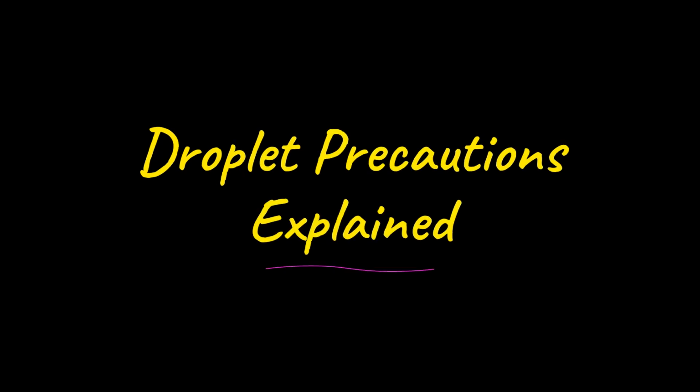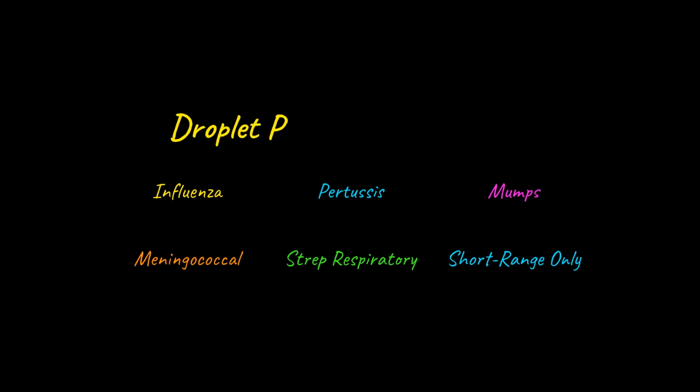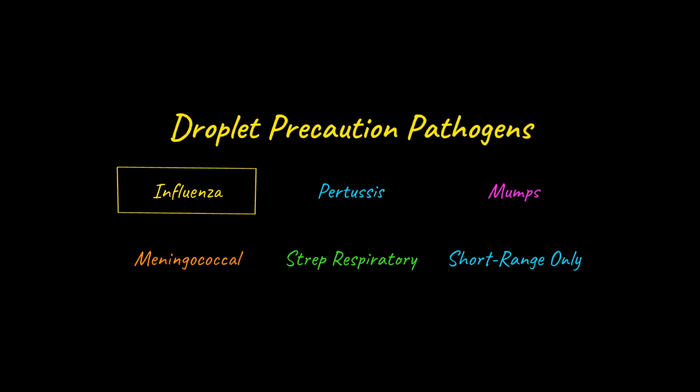Droplet precautions apply when a pathogen travels inside large respiratory particles, those greater than 5 micrometers in diameter, that fall within roughly 6 feet of the source. Understanding the physics behind droplet transmission explains why each element of the protocol exists. Common droplet precaution pathogens include influenza, pertussis, mumps, meningococcal disease, and streptococcal respiratory illness.